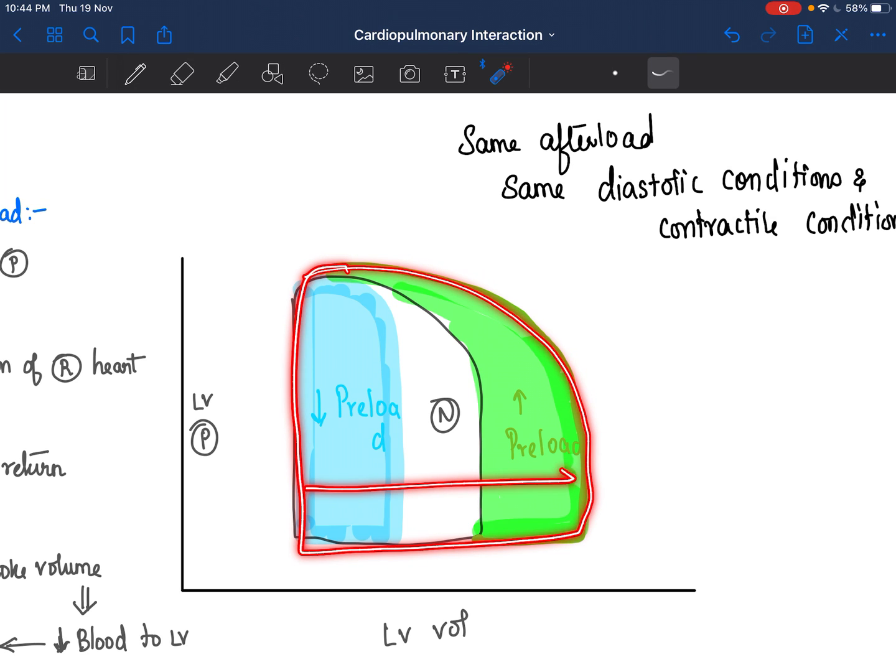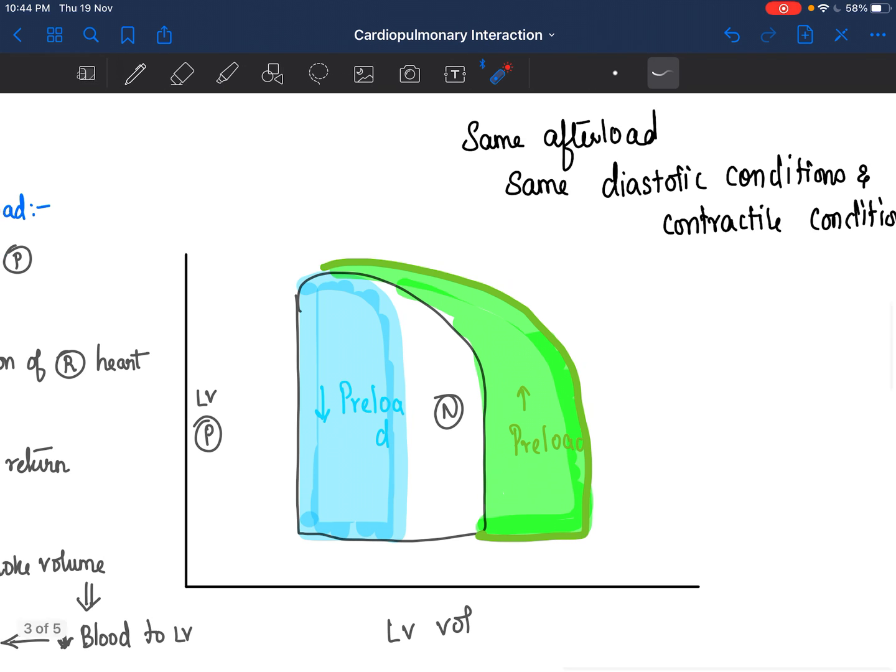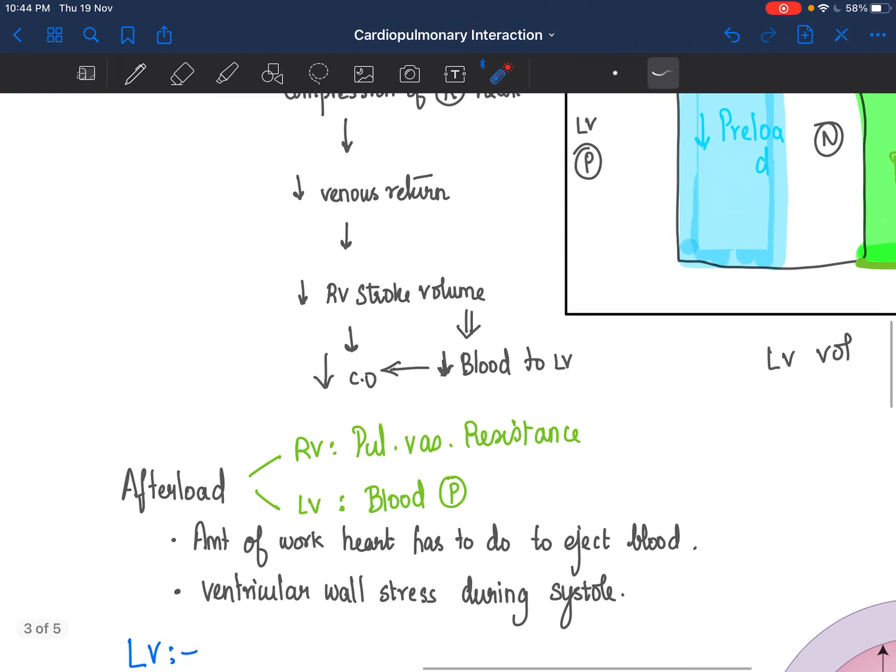You have an increase in stroke volume. Okay, so if the other conditions remain the same, increasing preload is going to result in increased stroke volume, whereas decreased preload is going to translate as decreased stroke volume. This is the same graph that we saw before. Now we are just representing the preload here. So preload we are completed.